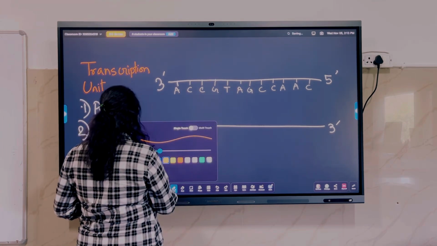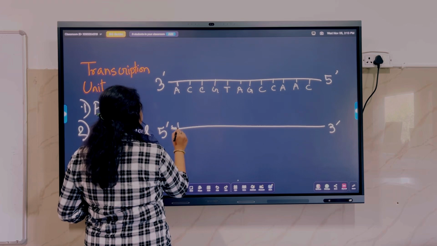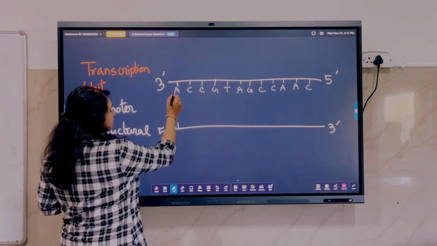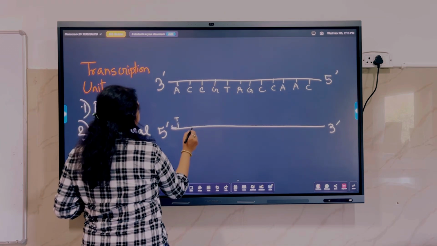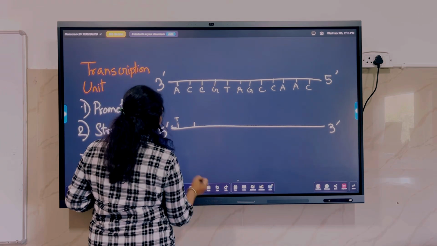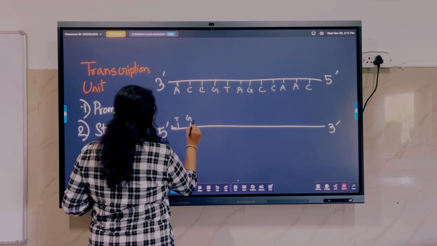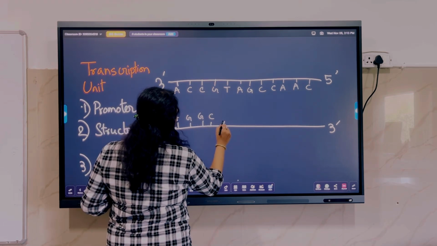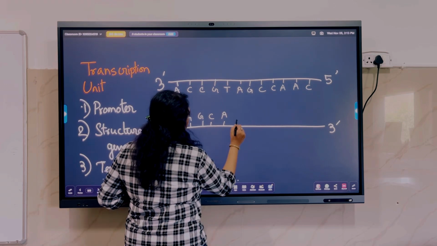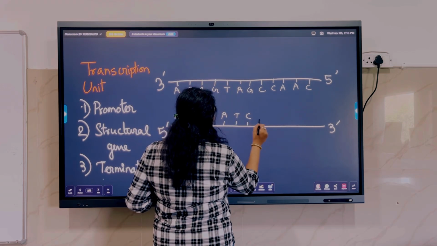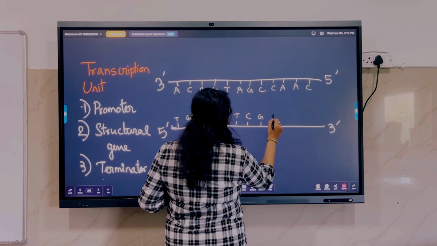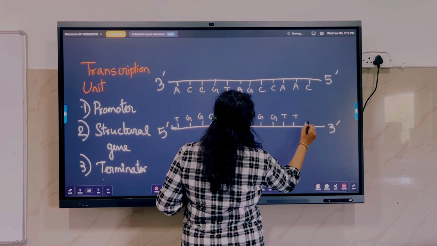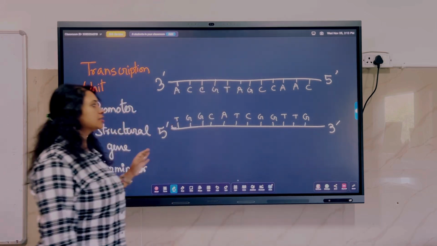Here we are going to write exactly the opposite, the complementary base pairing. If it is A, we write T here, then G, again G, C, A, then T, C, G, G, T, T, and G. So these are the strands.